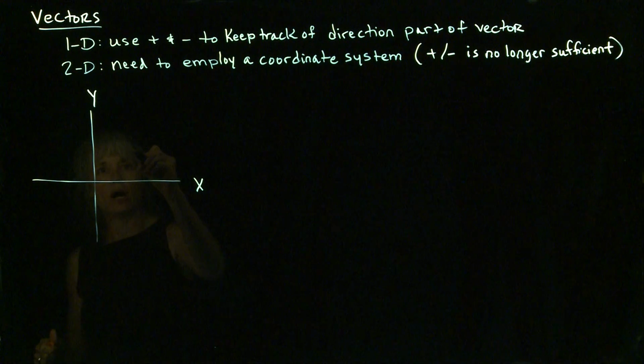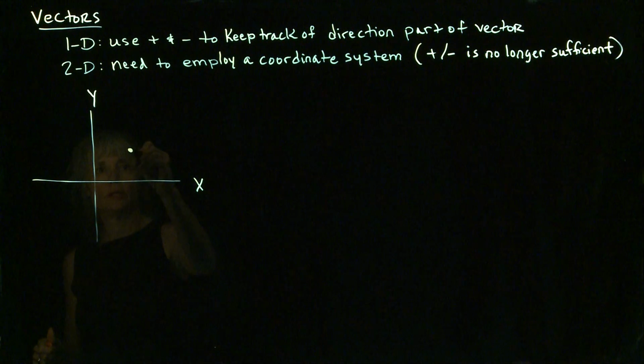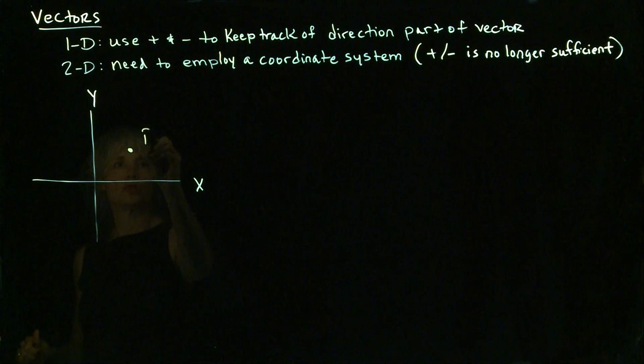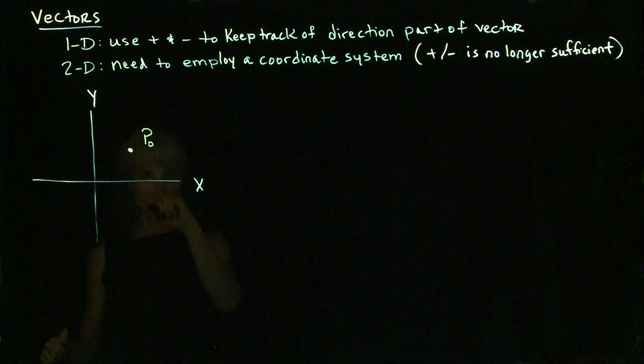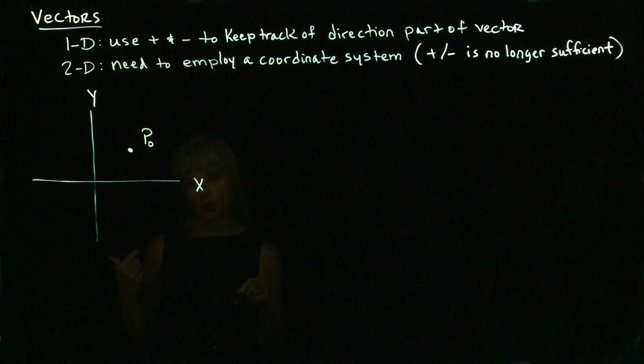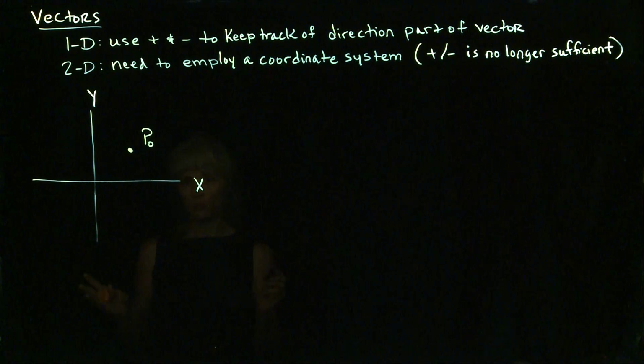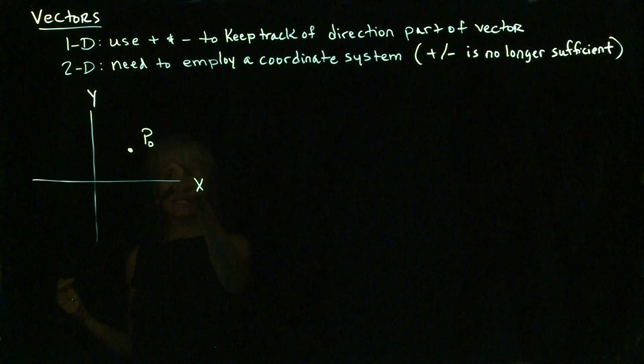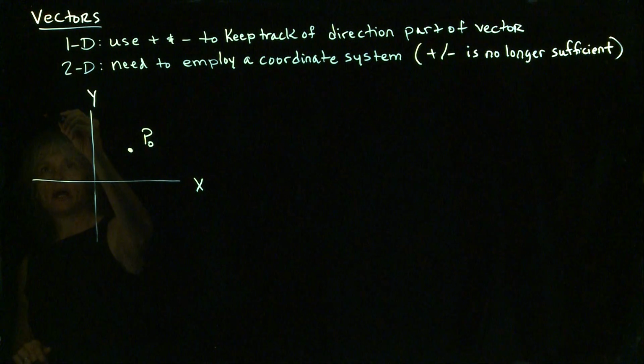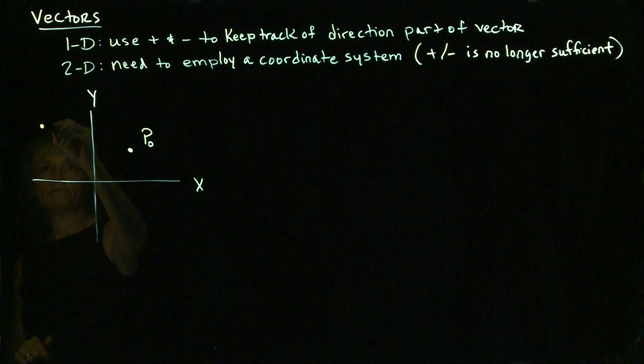So let's say that the object started off here. Okay, so it started off at position P naught. Remember that subscript naught, the little o, keeps track of initial, whatever it is. So this is position initial. And then the object ends up over here.